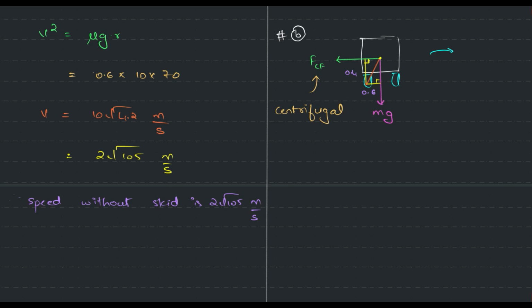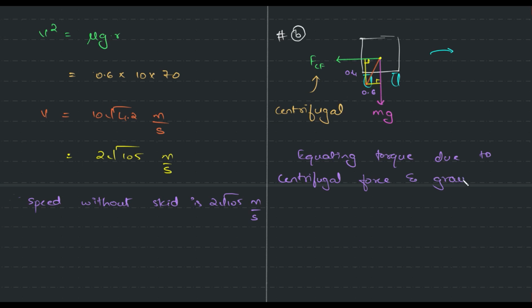So that's what we are trying to do. We are trying to figure out to what extent I can push. Okay, guys, we'll equate the torque due to your centrifugal force and gravitational force.